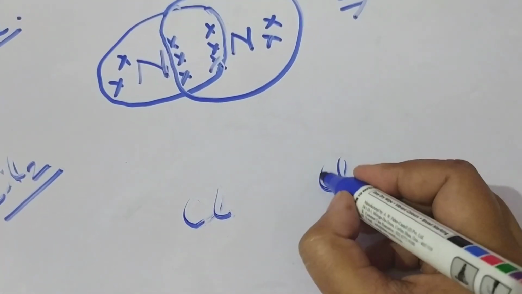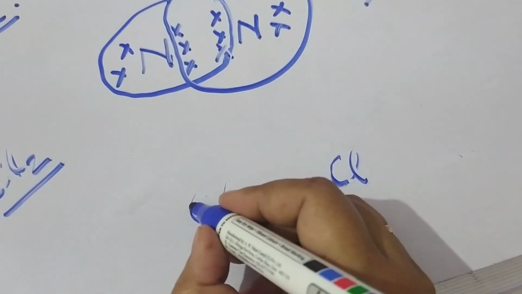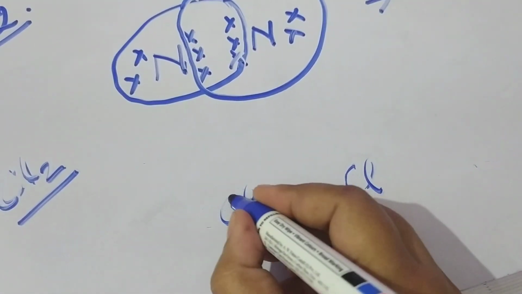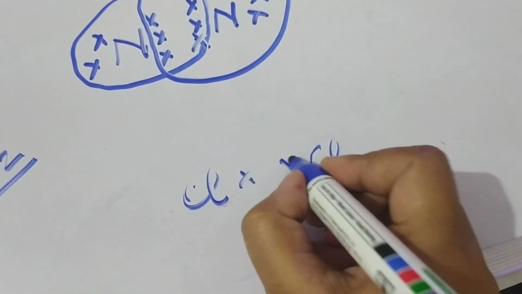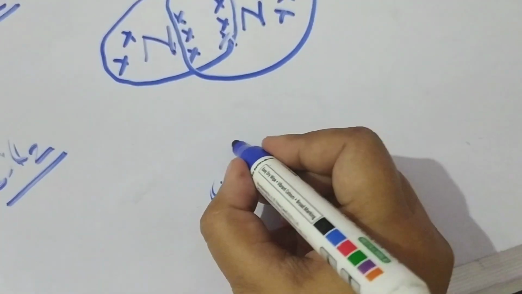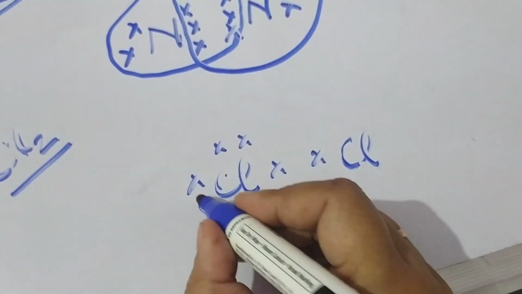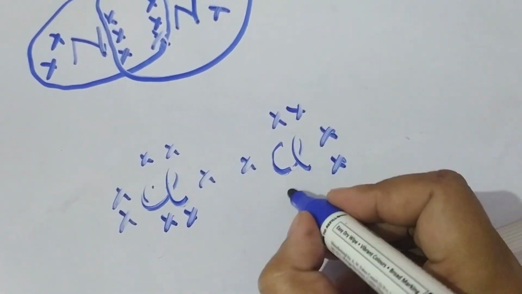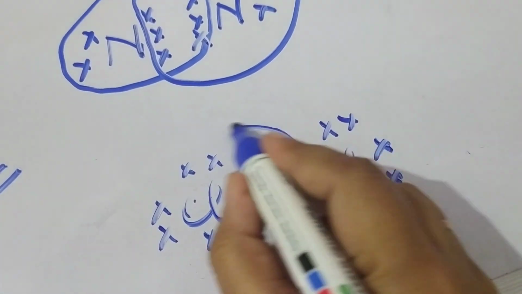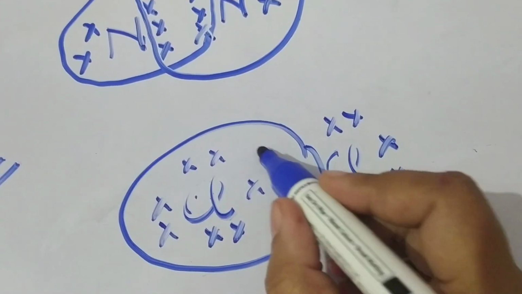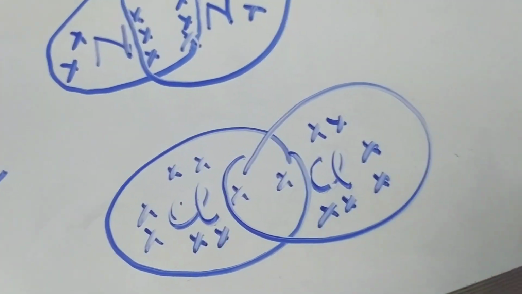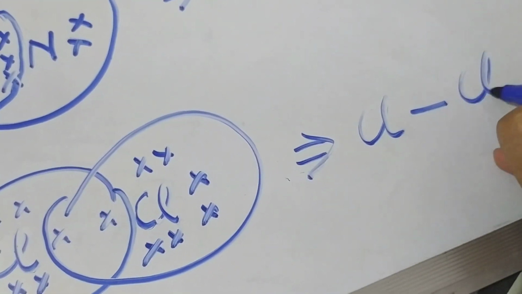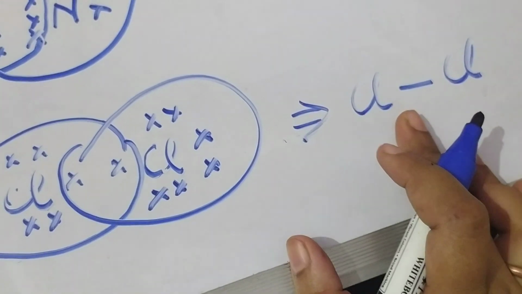So we'll draw only the 7 electrons we are concerned with, that is the valence electrons. 1 electron we will draw on the inner side because it will share only 1 electron to become 8, and the rest 6 electrons on the outer side of each chlorine atom. So this is the 8 electrons of this chlorine atom, and this is the 8 electrons of this chlorine atom. And because only 1 electron pair is shared between the both, we'll draw a single covalent bond between the 2 chlorine atoms.